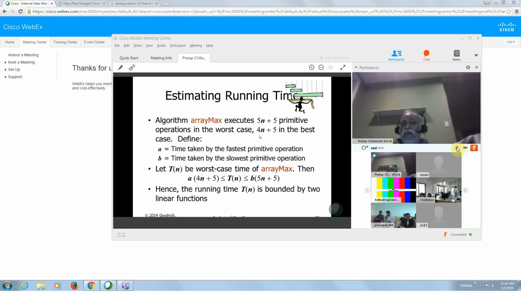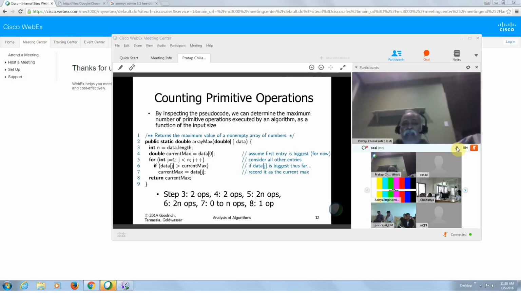OK, so you can see how they're calculating, saying what is the worst case and what is the best case, right? The reason why you have the worst case and best case is this for loop is not going to go to the entire list from 1 to n, right? The reason is once you see that condition being matched, you're going to come out of it.